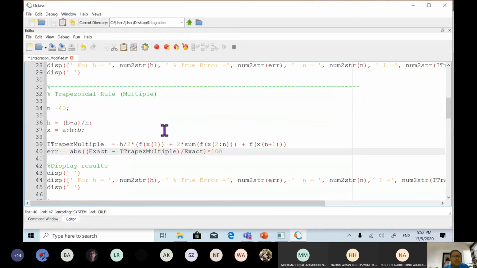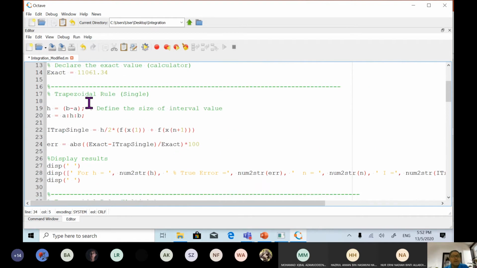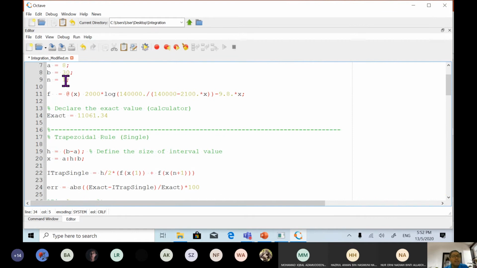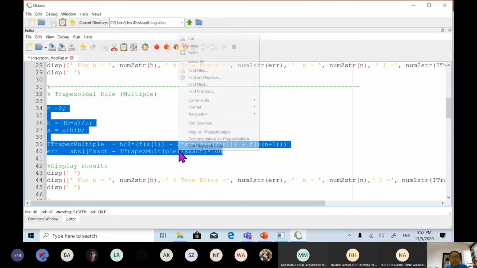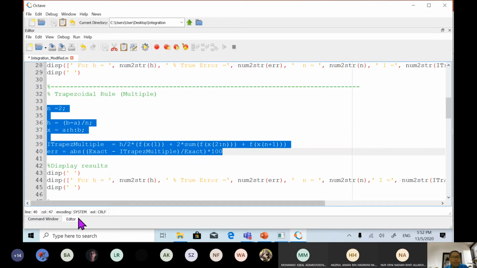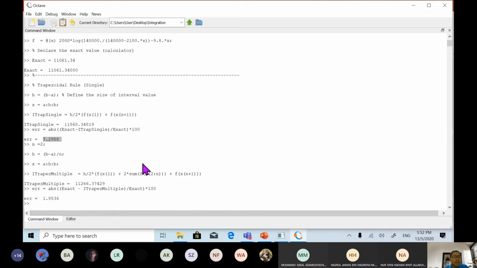At the bottom of it, I compute the error. Let's say we try to use 2 divisions, because the first one was using 1 division only. Now I change to 2 equal divisions and see what the output is.